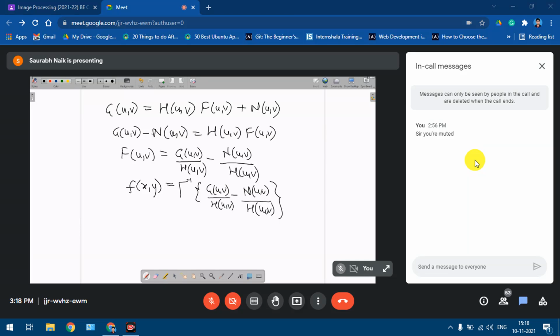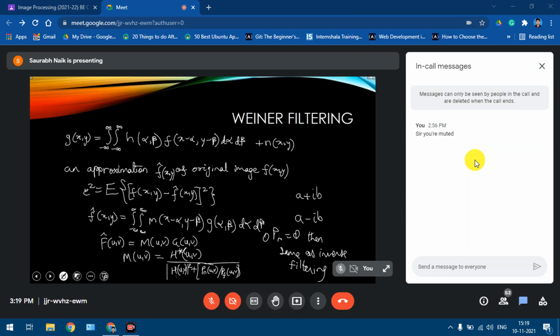Okay. So they realized that when there is added noise in the image, then inverse filtering does not work very well. So they came up with another method called Wiener filtering, which is used when you have much more noise in the image and which cannot be removed using inverse filtering.